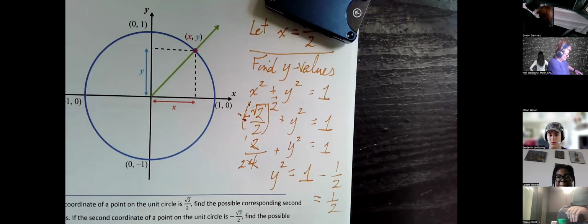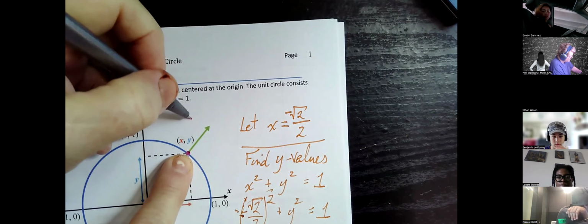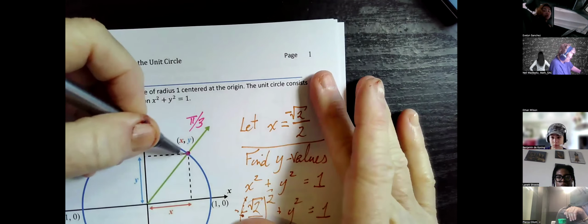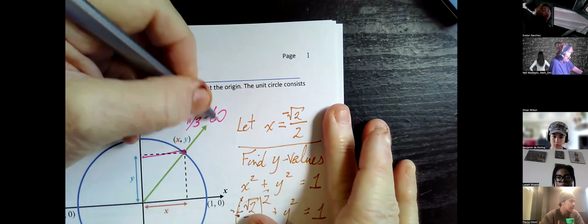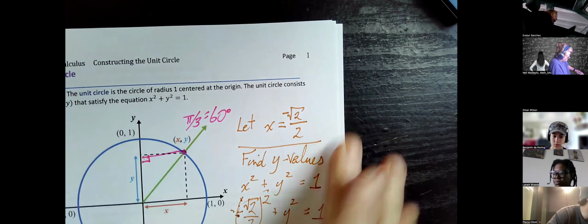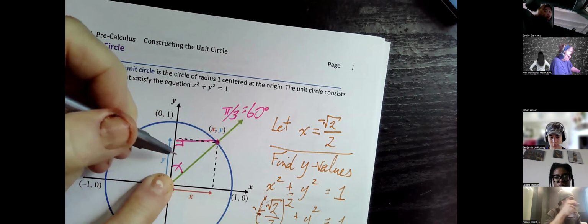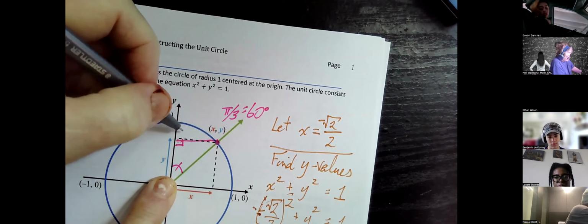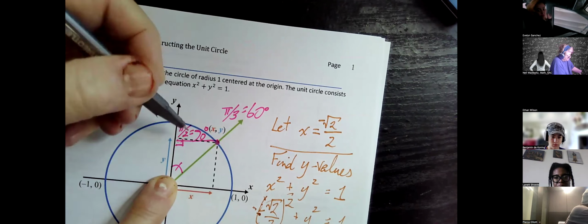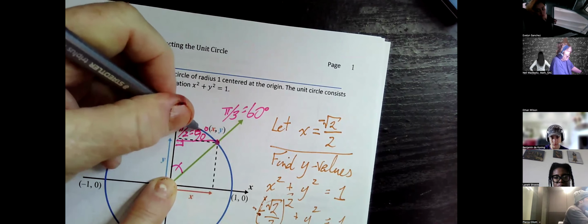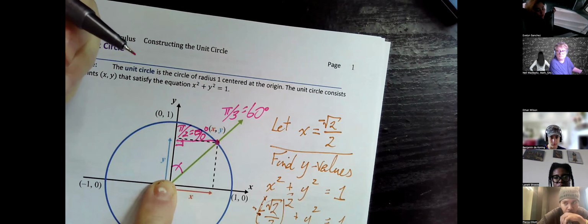So let's pretend this is pi over 3, or 60 degrees. If this is a right angle, what is this measure? So this is pi over 2 or 90. What is the third angle? 45.